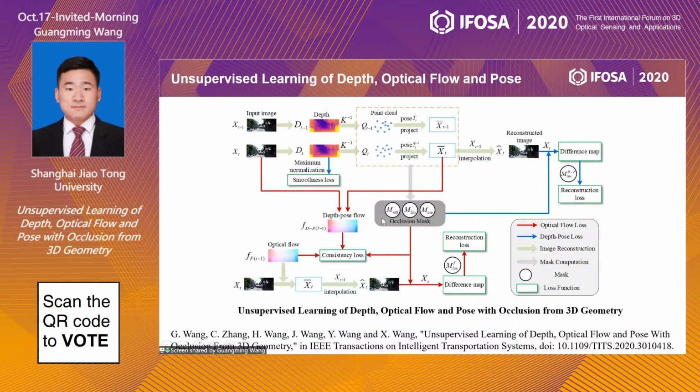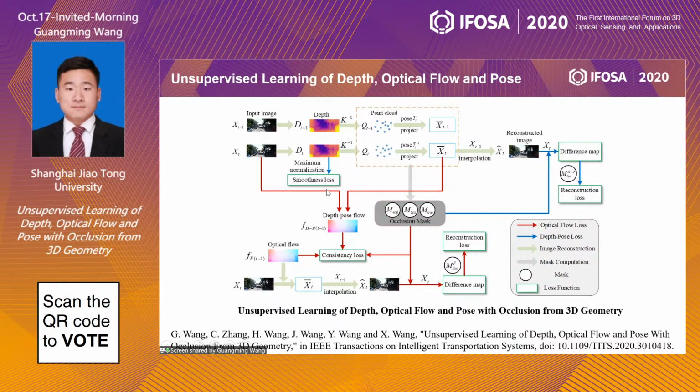Then we expand our method to optical flow estimation. These are our occlusion masks, and we extend them to the unsupervised learning of optical flow. We also use the depth plus pose flow to supervise the optical flow in the occlusion areas, because the original losses for optical flow cannot constrain the training of optical flow there.